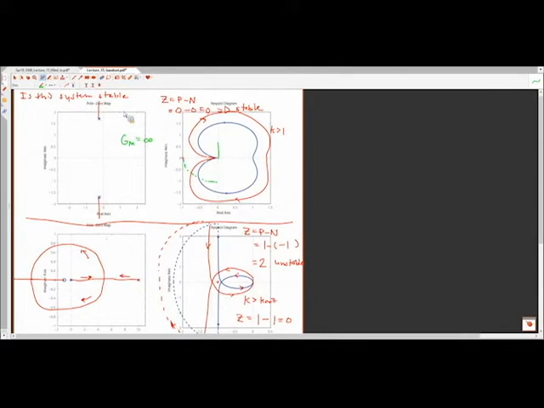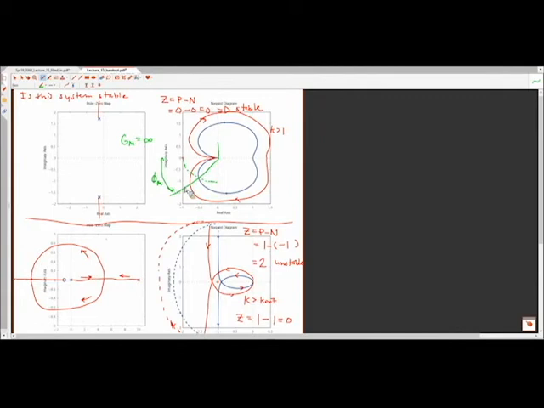If we look at the phase margin in this case, it's definitely not infinity. We're taking this vector going from the origin out to this intersection point, and we would measure off this phase margin here.